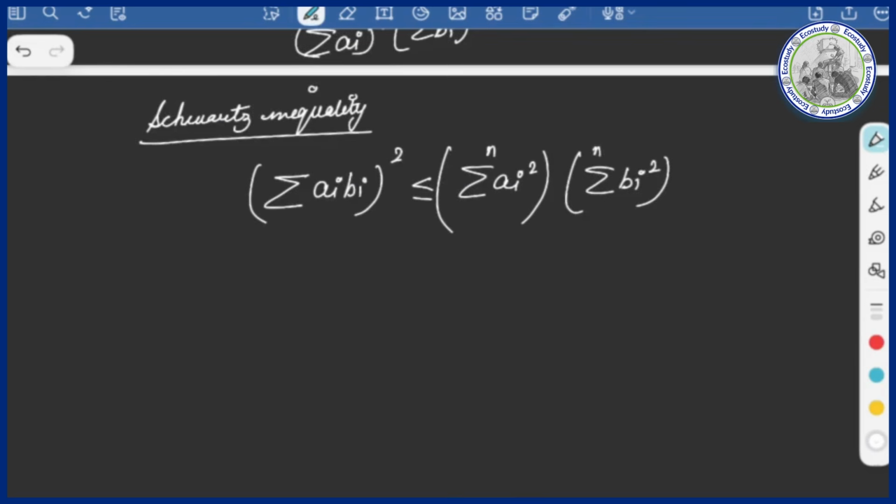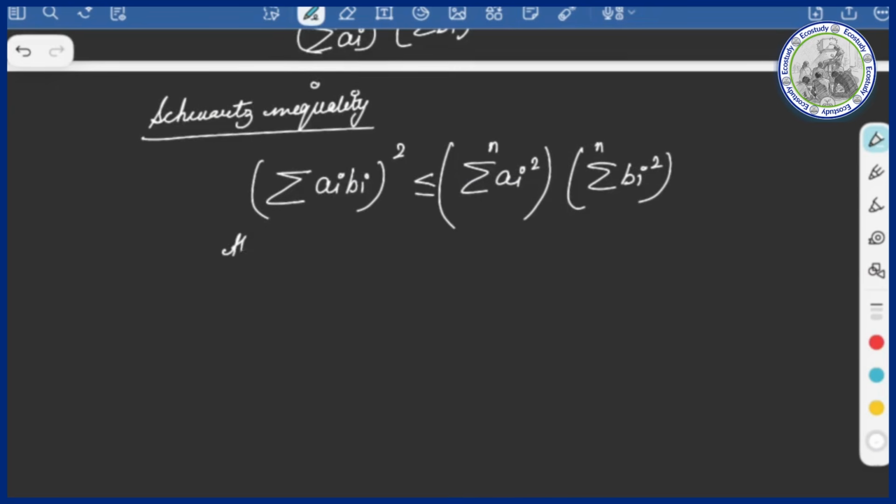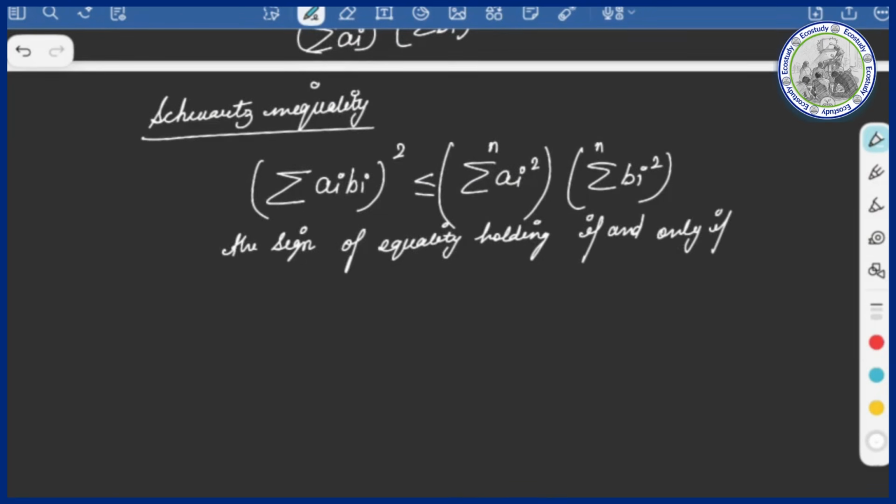Now the sign of equality holds if and only if a1 upon b1 is equal to a2 upon b2 is equal to an upon bn.